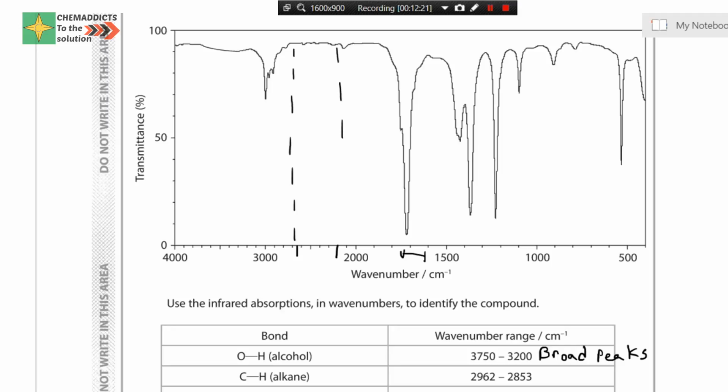Suppose this is the range, since there is no peak, small peak or large peak, around this range, aldehyde is not the option. Since there is no peak for the carbon hydrogen bond, this compound shouldn't be the aldehyde. So the only option that we are left with is ketone.